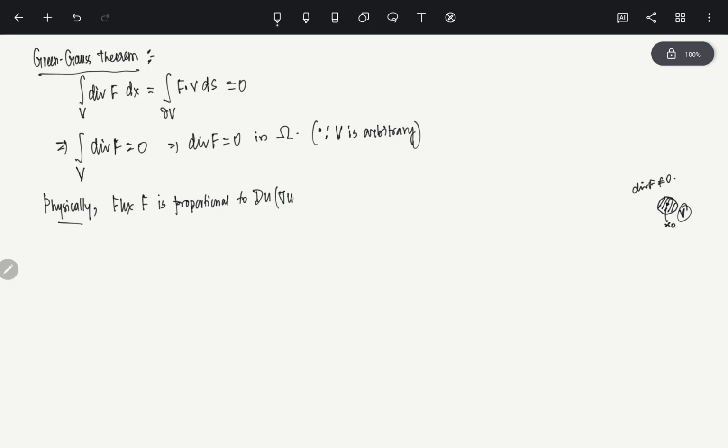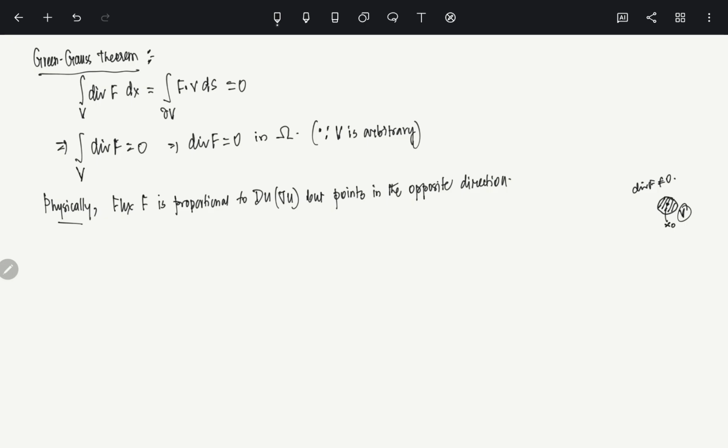We also write it as gradient of u, absolutely no issues. But it points in the opposite direction. I will explain what it means. Let me write it down. Opposite direction.